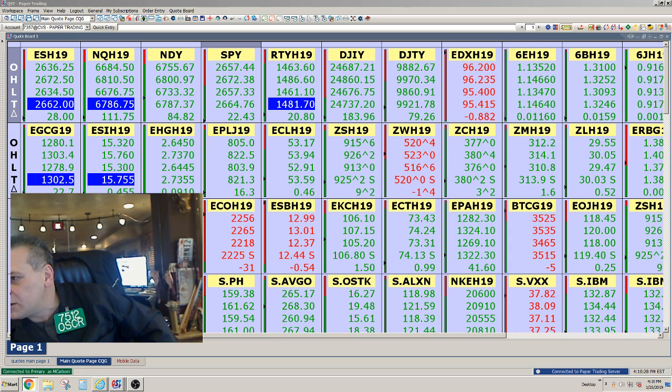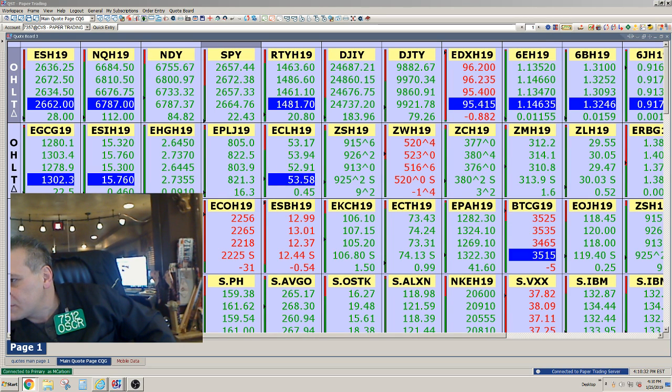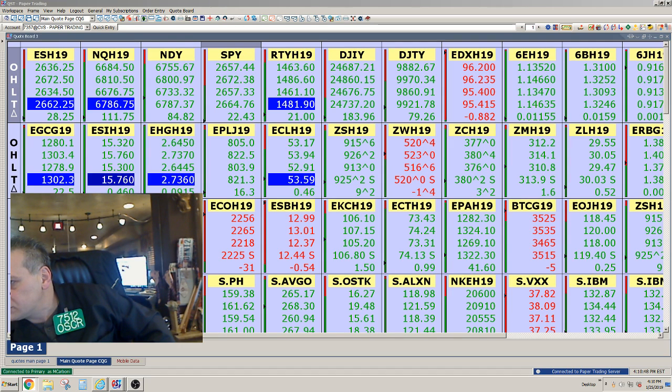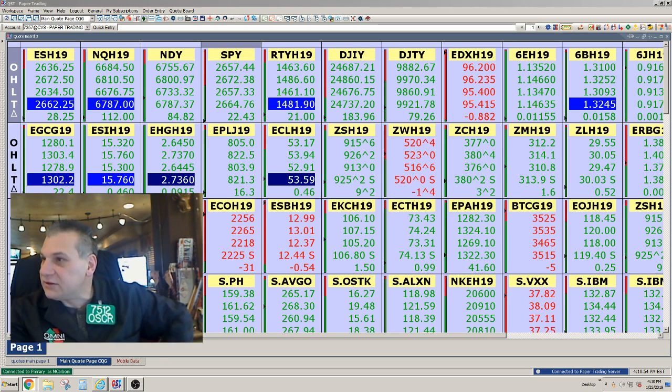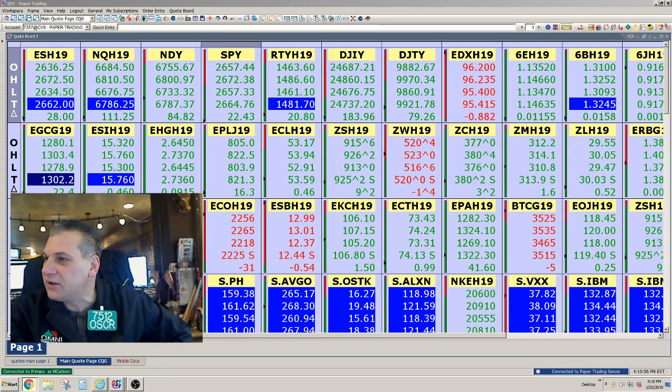It won't let me enable. Ultra low latency is what I should be checking. It just doesn't allow me to.